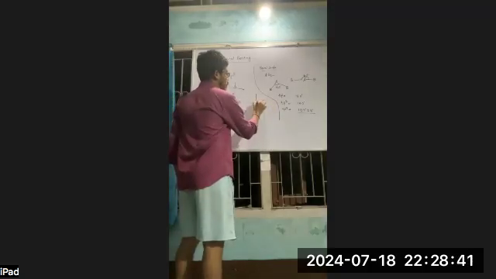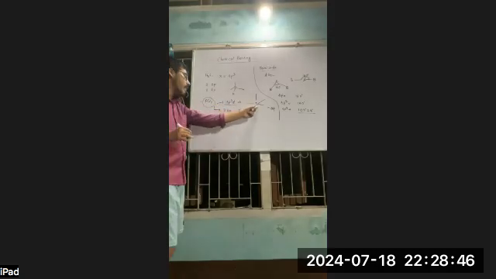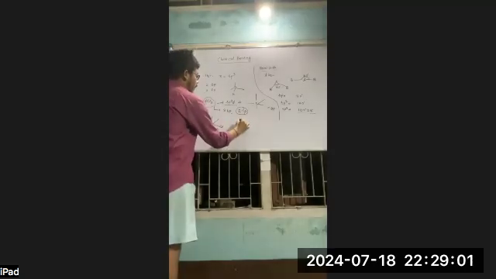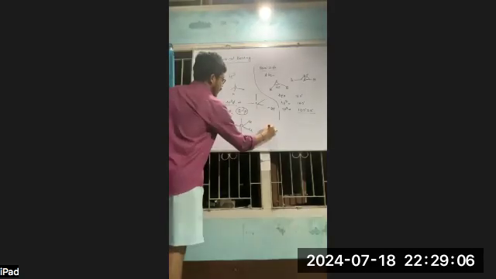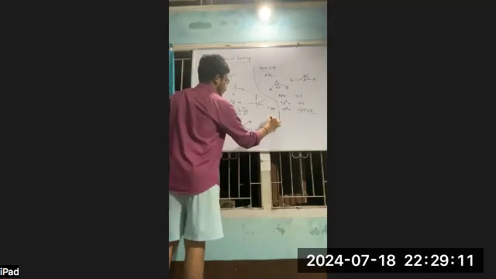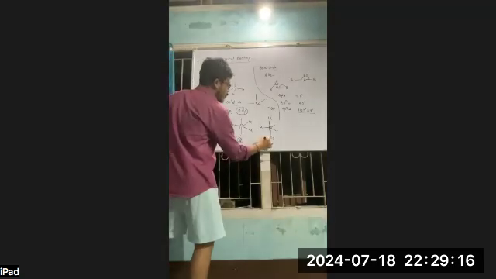So here we can place the lone pairs in different positions, and similarly we can take other arrangements. So there are 3 possible structures of this molecule.